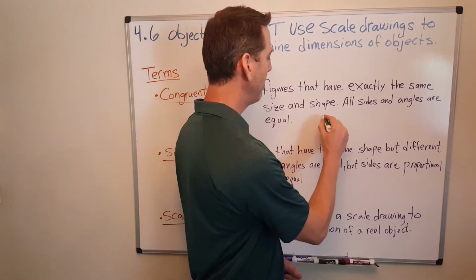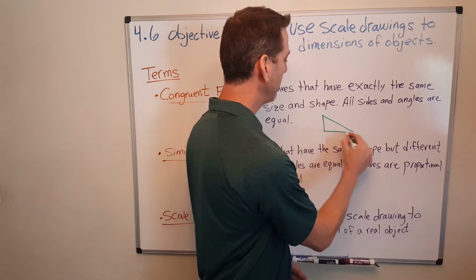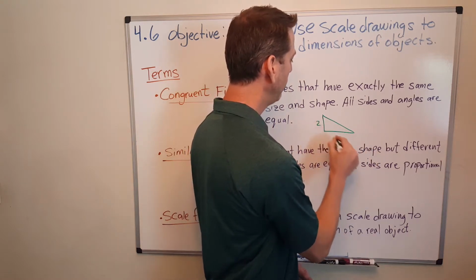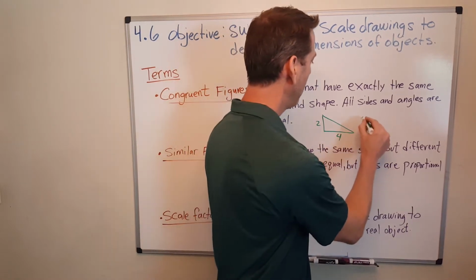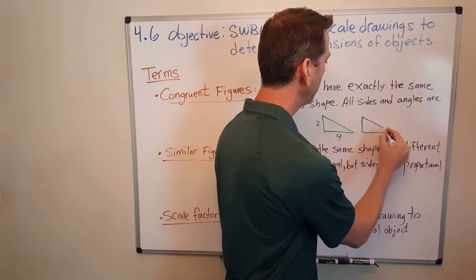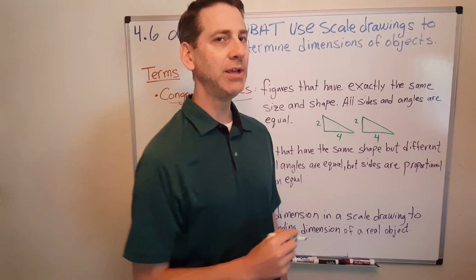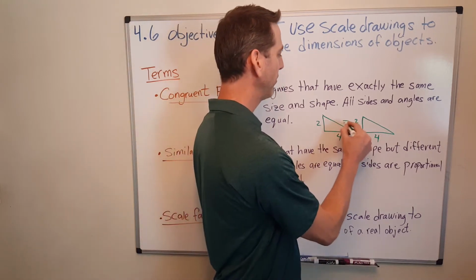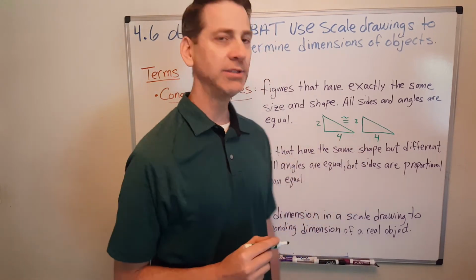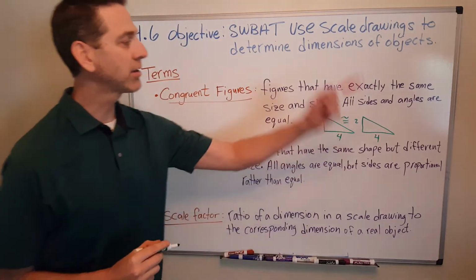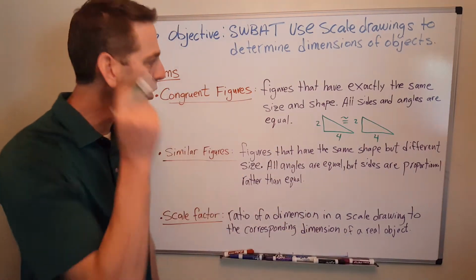If I have a couple of triangles here, and this is a 2 by 4, and I have another triangle there, and that's a 2 by 4, those would be said to be congruent figures. Pretty simple, straightforward.